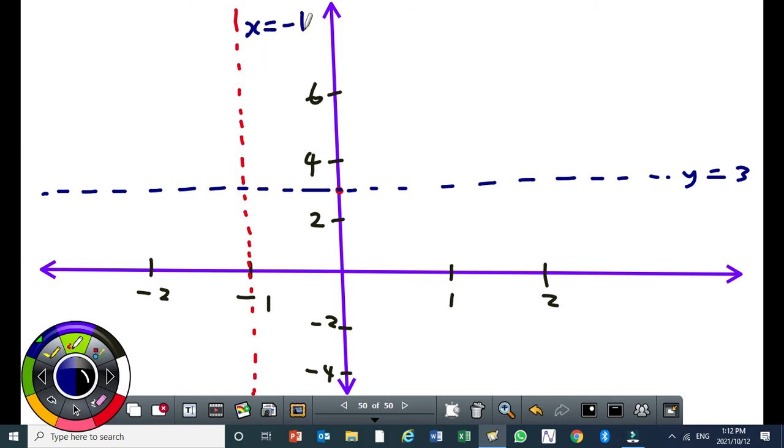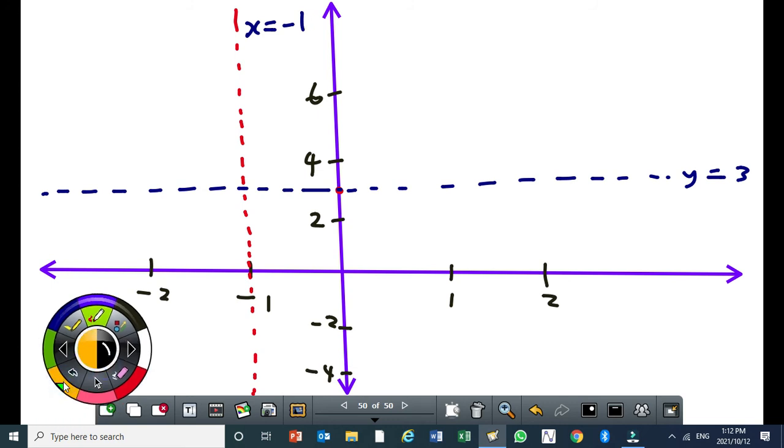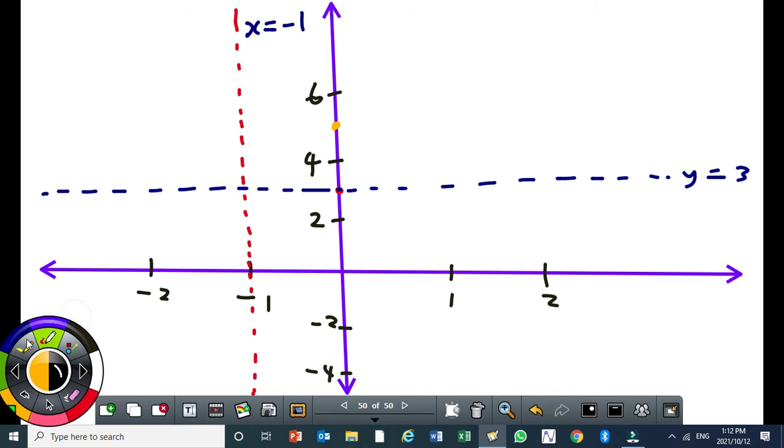Then I need to identify my y-intercept. I have y equal to 5 as a y-intercept, y equal to 5 there. Then I've got x equal to minus 5 over 3. Minus 5 over 3, this is and up, so it will be somewhere there. Okay? I'm just approximating. Right? I know my shape. It's supposed to be in the first quadrant and the third quadrant.